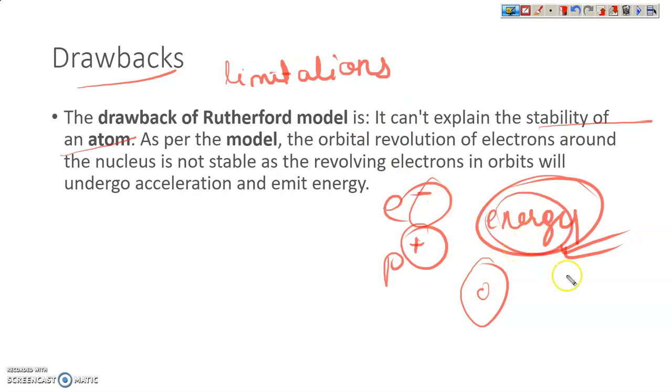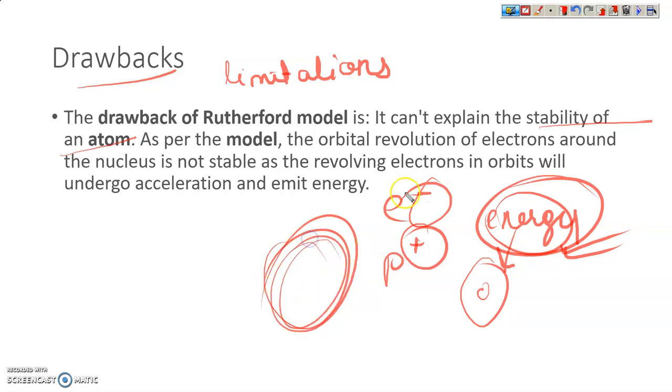But in his model, it wasn't happening like this. Everything was just revolving, and nothing was coming closer to the nucleus. This gives a spiral path for the electron, which would finally collide with the nucleus, and the atom would collapse.